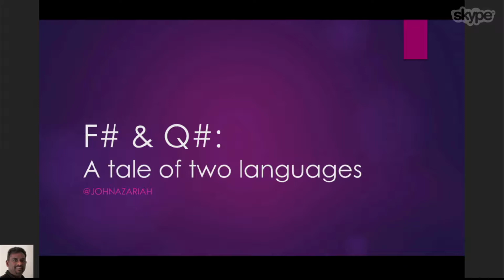At the top end of the stack, there's this whole problem of being able to describe quantum algorithms and develop quantum programs in a nice developer-friendly way. Very serendipitously, I got involved in this project. I'll give you an overview of what happened, and then I'll walk through how Q#, the language, was developed and what role F# played in that.